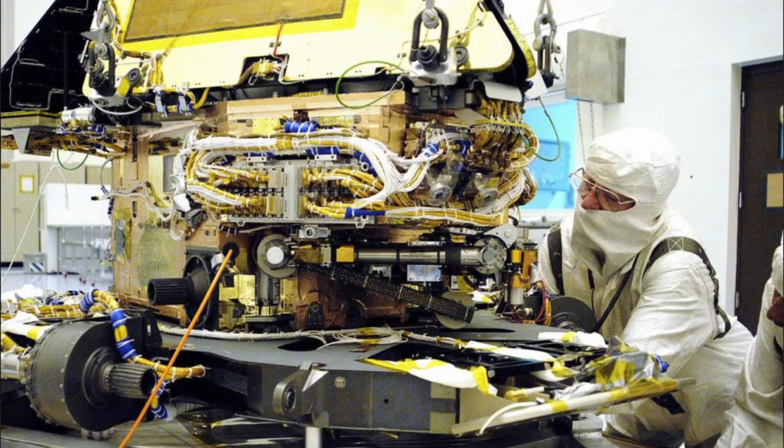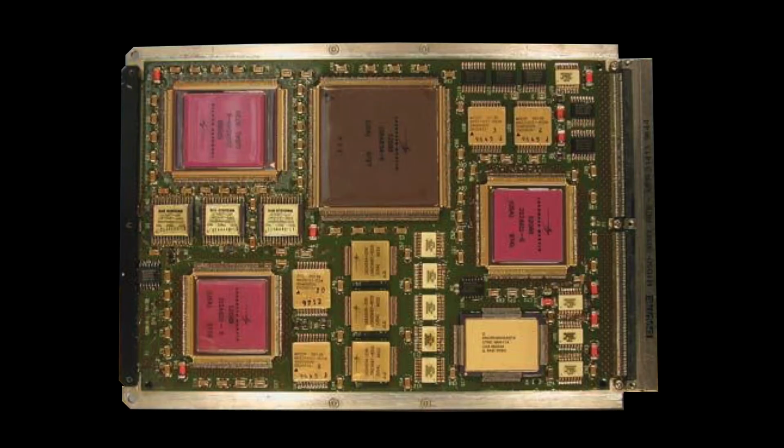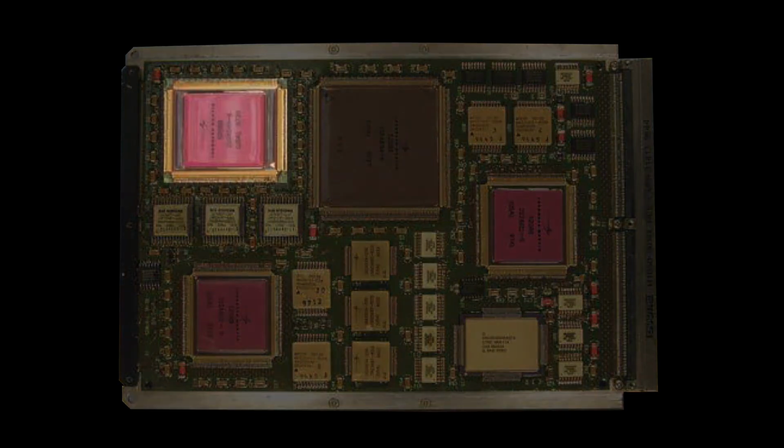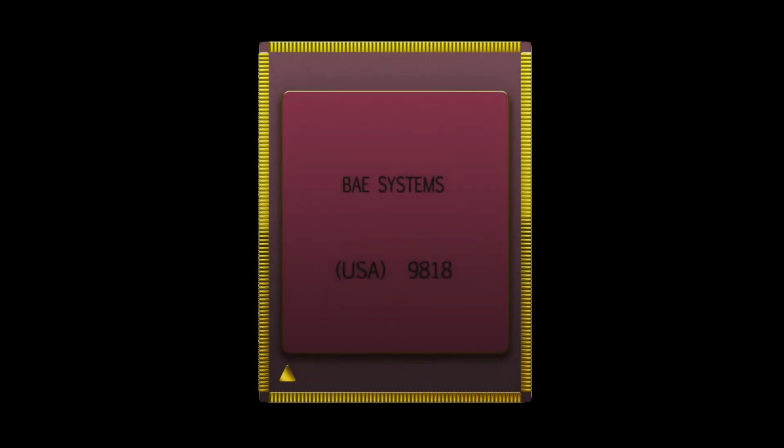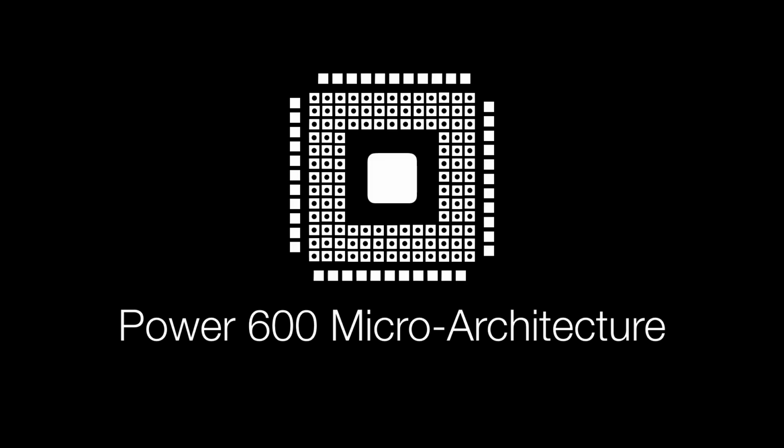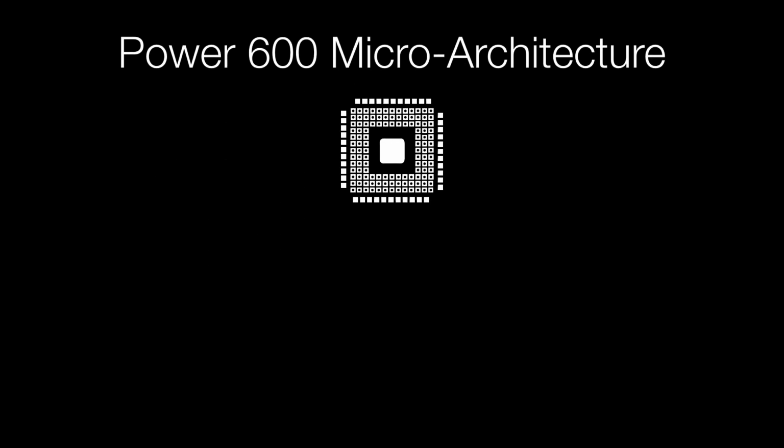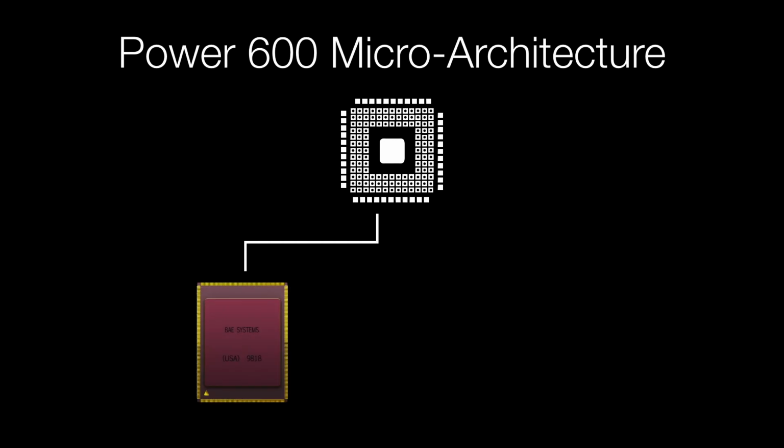And if you were to disassemble one of them, you could draw out this PCB card. And what you'd want to be looking for in the top corner over there is its main CPU. And that is, of course, the BAE Systems RAD 6000. And it's part of the Power 600 microarchitecture. So this is basically the radiation hardened version, called the RAD 6000.